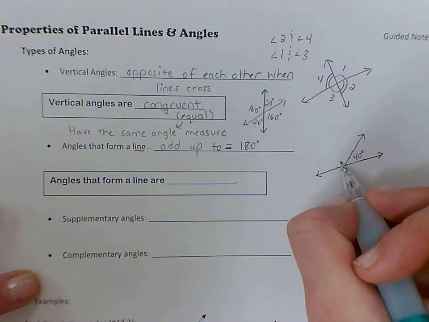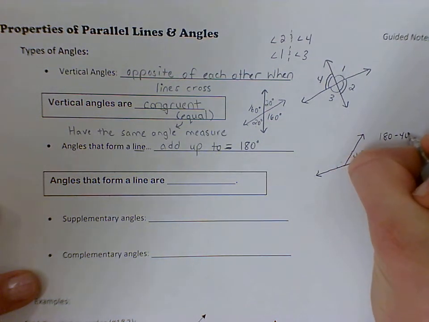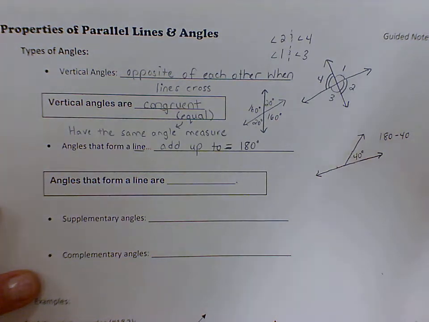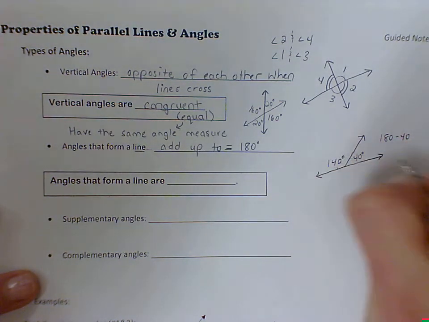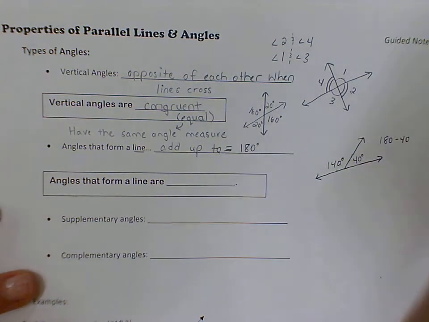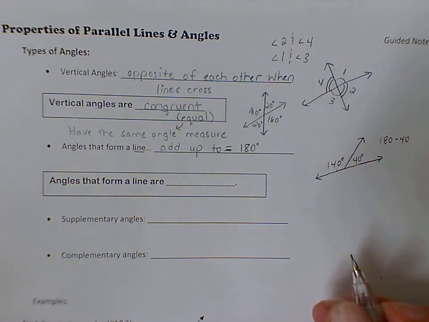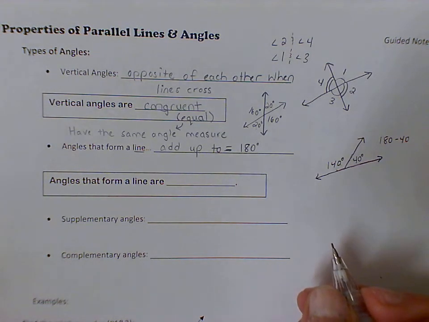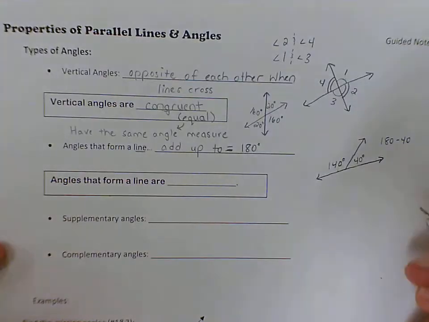So to find this angle, all you have to do is take 180 and subtract 40, and you'll figure out what that is. So 180 minus 40, this angle would have a measure of 140 degrees. And then you could check it. If you add them, it should equal 180, okay? So that is something that's actually very useful with these types of problems, is that angles that form a line add to equal 180, okay?